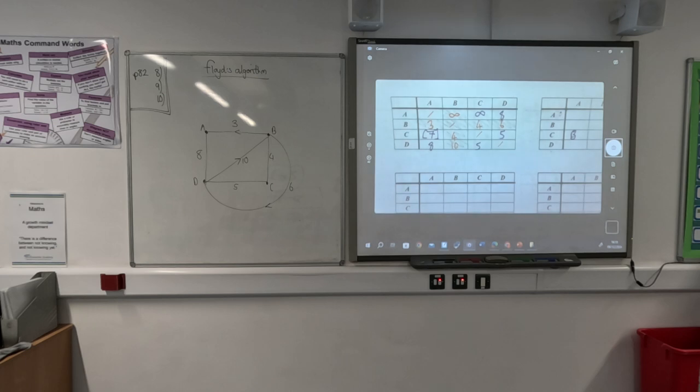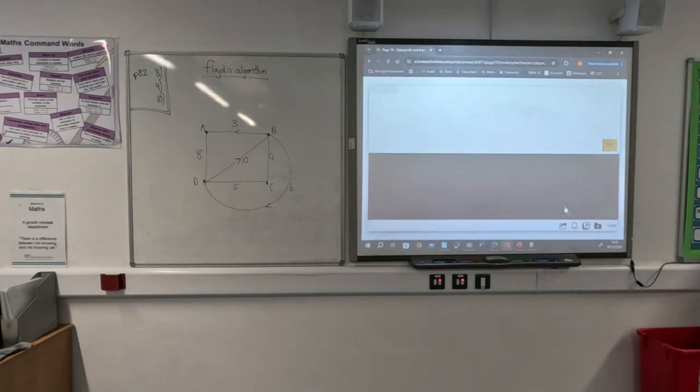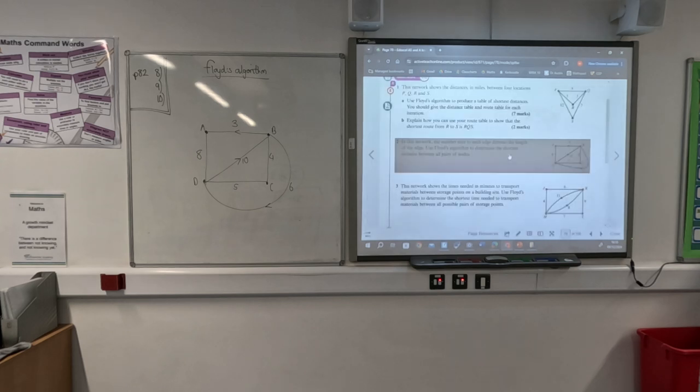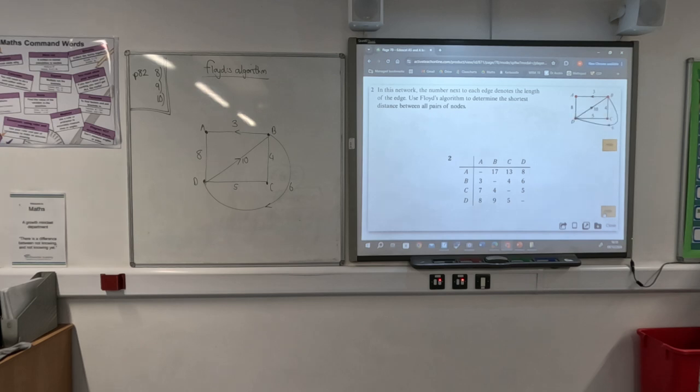So what I can do is, if you want, can I show you the final answer here? So that's what you should get at the end of the fourth iteration. So I don't know if you want to take a photo of that or make a note of that.